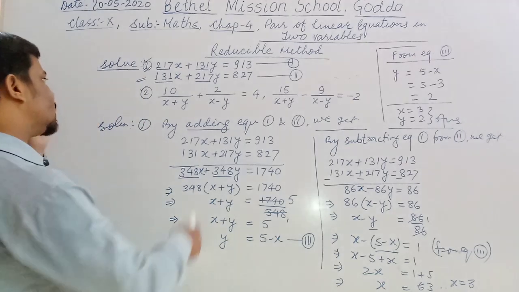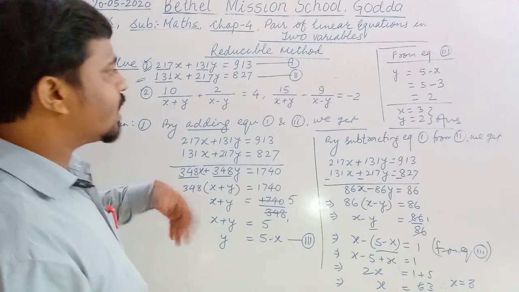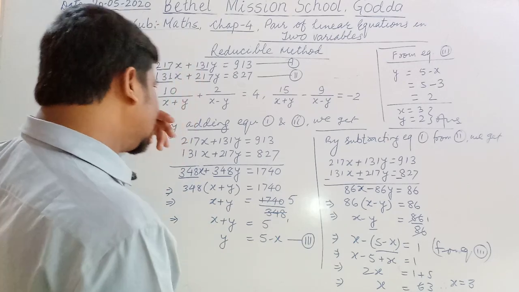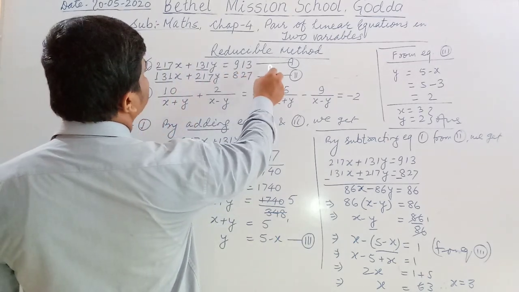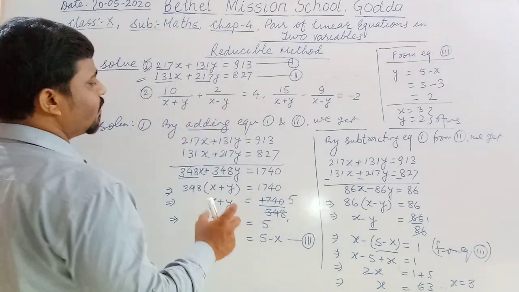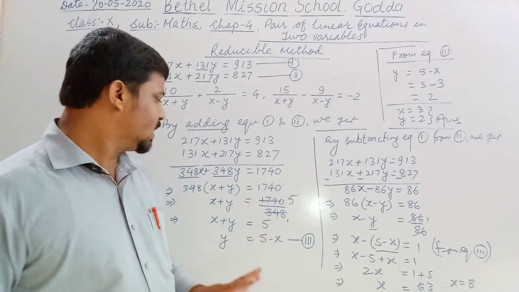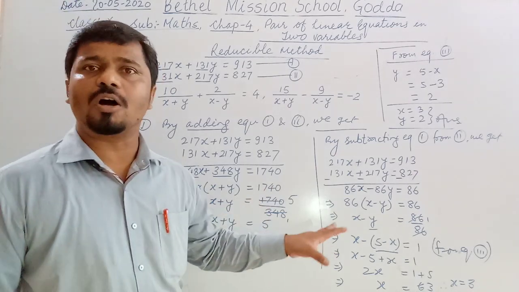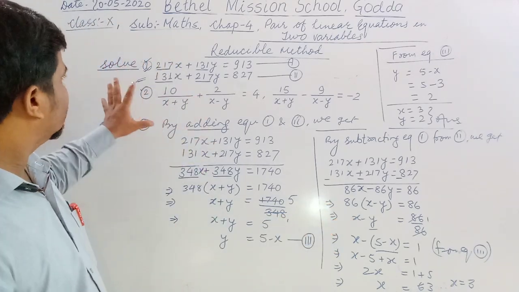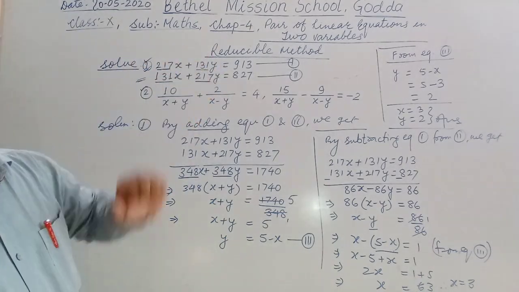Once you add both equations, and another time you subtract the equations, after adding and subtracting you will get equations in reducible form, and it will be easy to find the values of x and y. You have seen this type of question. This is called the reducible method.